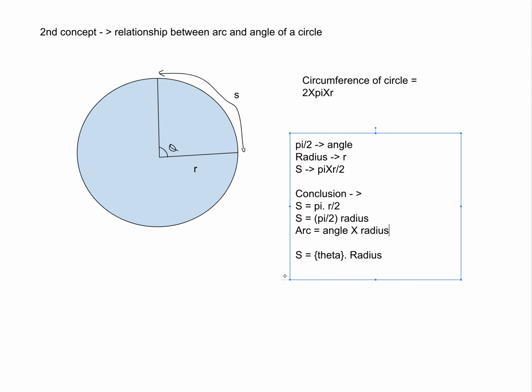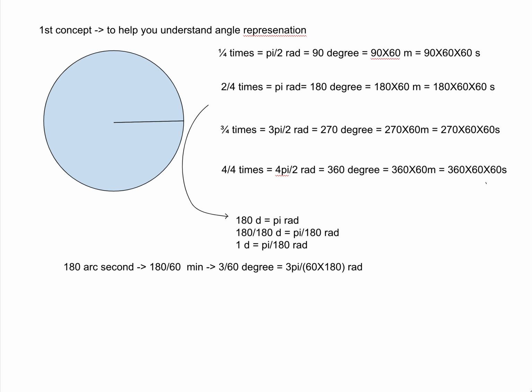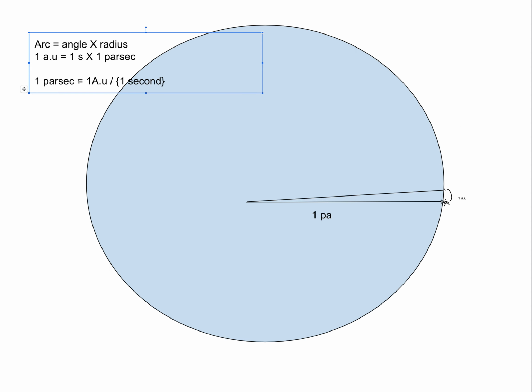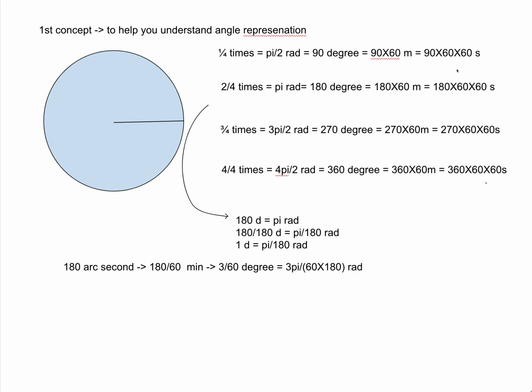Now let us come back to when we were trying to understand the relationship between degree, minute, radian and second. Now we have to convert 1 second into radian, because we have seen 1 parsec is equal to 1 astronomic unit divided by 1 second. So what is this 1 second? We will find it from here because we already calculated this.